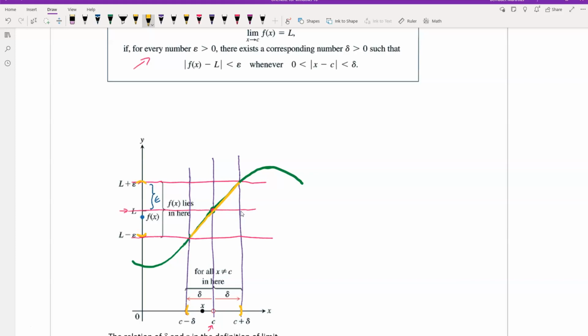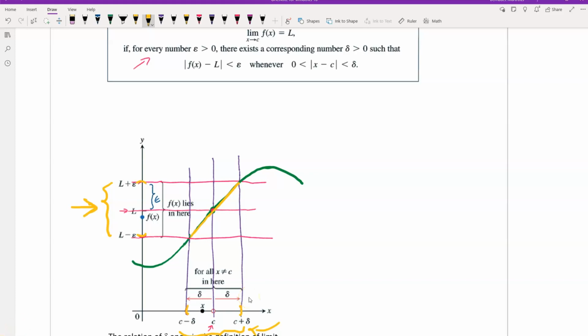If not, for example, if we try to make this part narrower, that means this part should be narrower too. And also if this part didn't fit in what we have here, we should make this interval smaller. That way this curve will fit in what we have for this part.